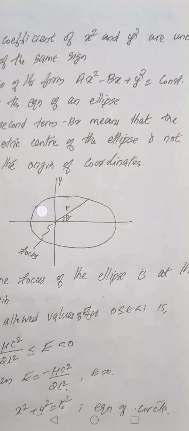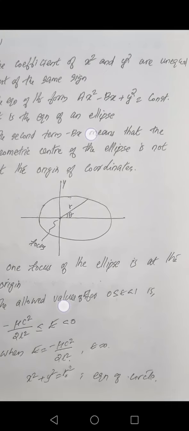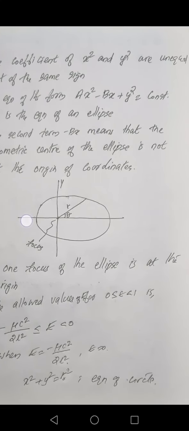Remember, the second term, minus bx, is a linear term in x.